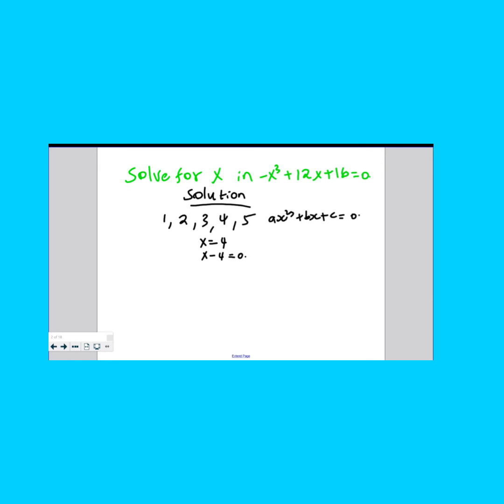Let us work this out, but before that we can still rearrange our equation, because our equation is negative x cubed plus 12x plus 16 is equal to 0. We can divide by negative, so that we remain with x cubed minus 12x minus 16 is equal to 0. This is now the equation that we are going to use. But before we go dividing our equation by the long method, we have to rearrange it into this form now.